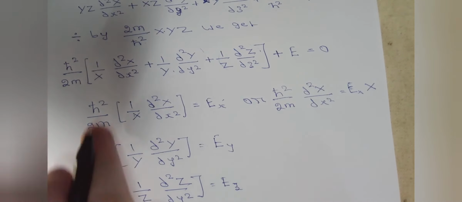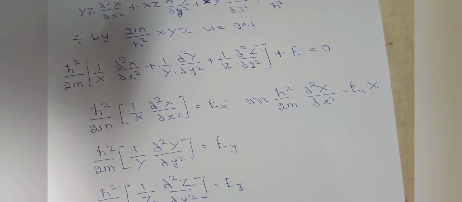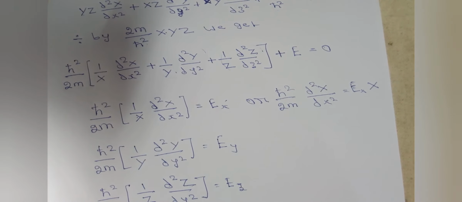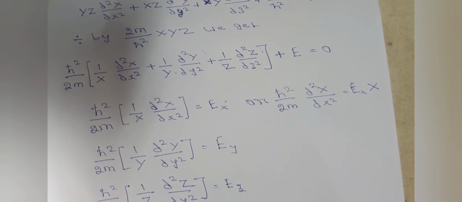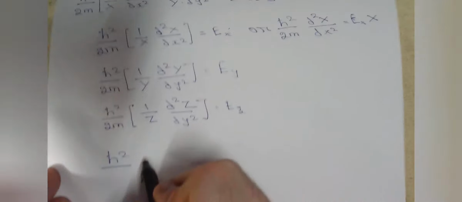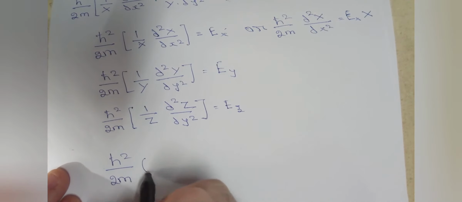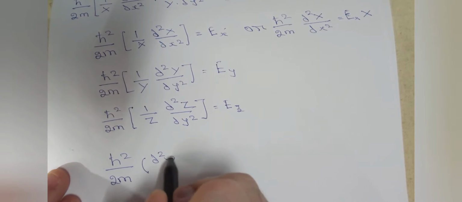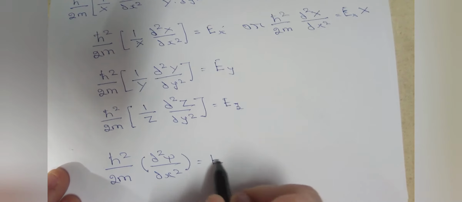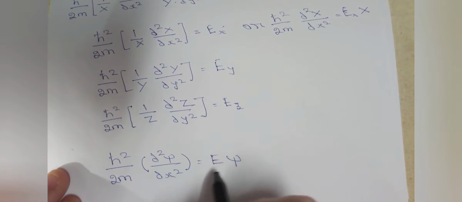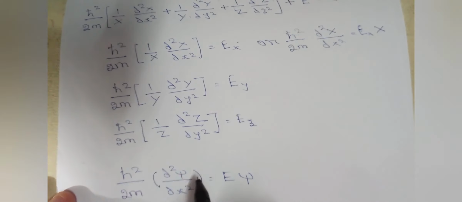So now we observe that this equation is similar to the equation for a particle in a one dimensional box. That is ħ²/2m ∂²ψ/∂x² = Eψ. So this is what we have for a particle in a one dimensional box.